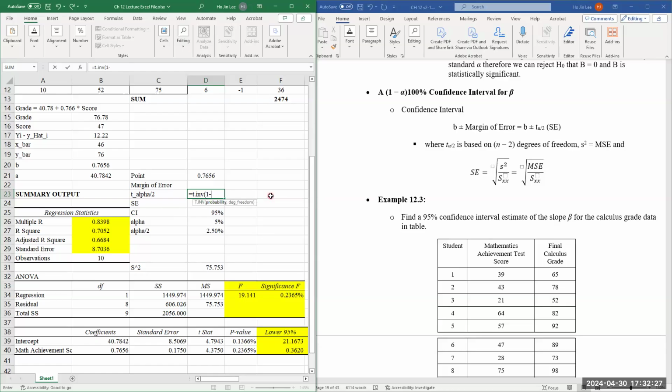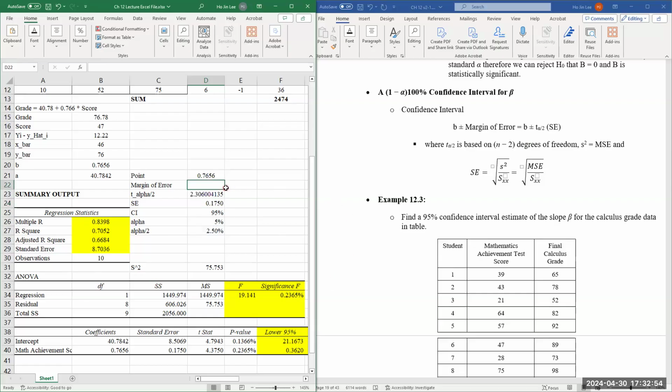And then we put in 1 minus half an alpha, because the half an alpha is in the tail. Excel works by you putting in the 97.5%. The degrees of freedom are n minus 2, and n was 10, so 10 minus 2 is 8 degrees of freedom.